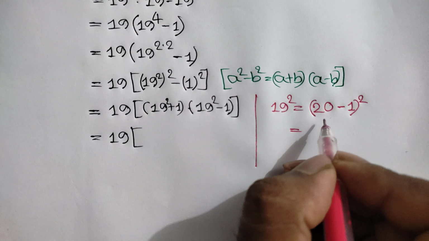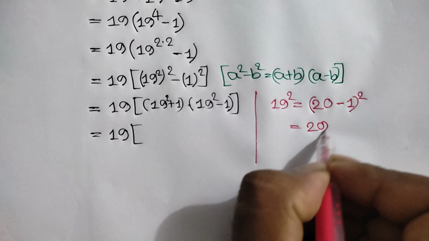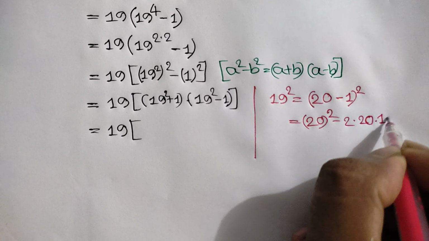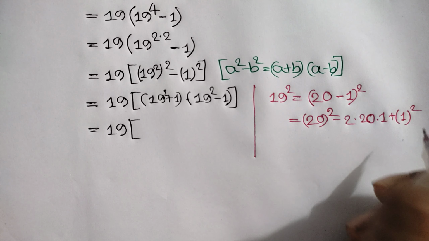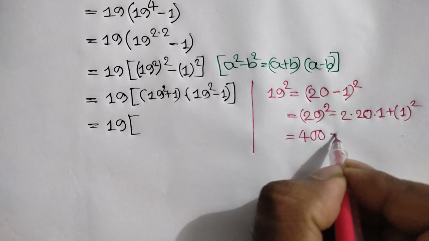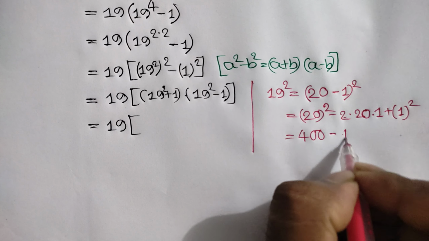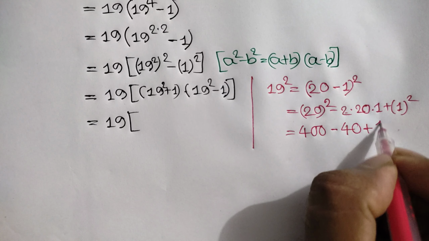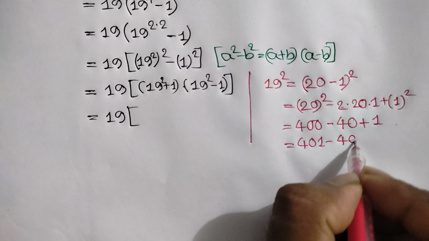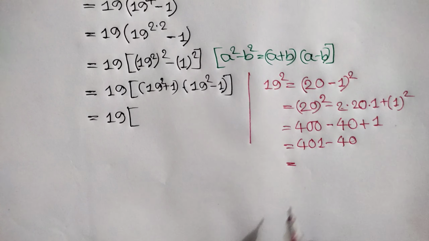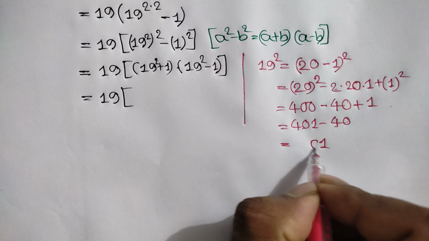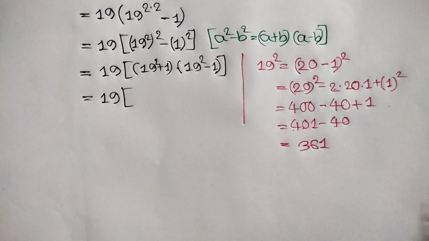Here we can use the algebraic formula. We can write 20 square minus 2 times 20 times 1 plus 1 square is equal to 20 square, that means 400 minus 2 times 20 times 1 is 40 plus 1 square is 1, is equal to 401 minus 40 is equal to 361.